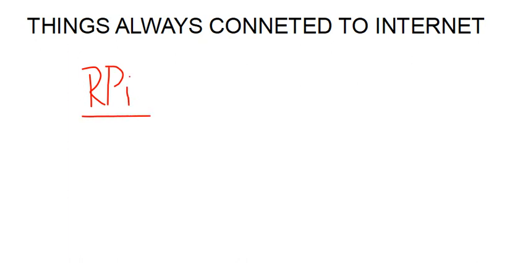Whenever we discussed these things, we saw the salient features of these boards, and how they are considered computers. When we speak about computers, we have something different in mind.